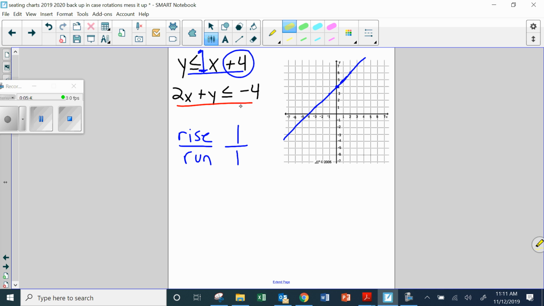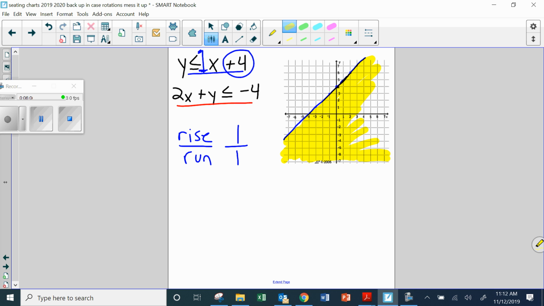So I can't do this on the bottom equation, but I can do it on the top equation. So if y is less than or equal to x plus 4, that means I'm going to shade this bottom section. So I'm going to shade all through here, because less than or equal to is below.